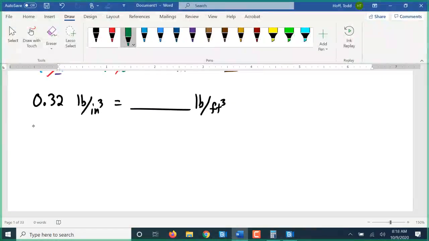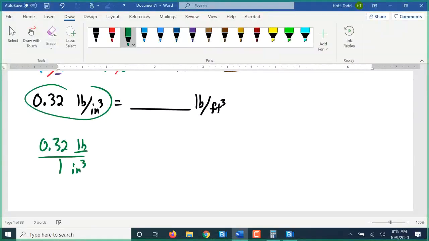So once again, we take our 0.32 pounds per cubic inch, right? It is 0.32 pounds over 1 cubic inch. Now in this case, the pounds are going to stay the same. We're not changing the pounds. It's the cubic inches that are going to become cubic feet. So we don't need to change the pounds at all. Those are going to stay.